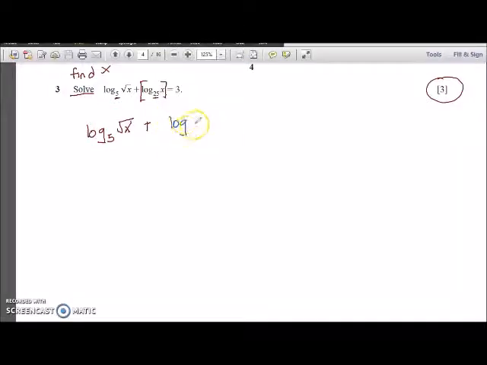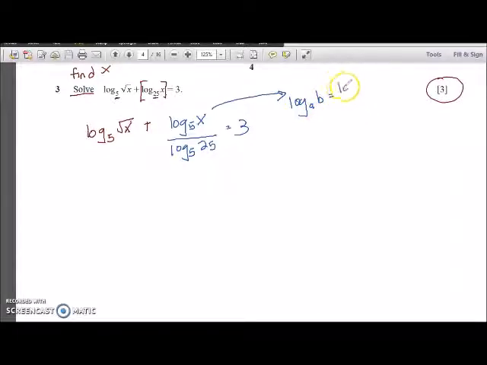So log 5 over log 5, and then we place here the x and we place here the 25 equals to 3. This formula is from log a b.